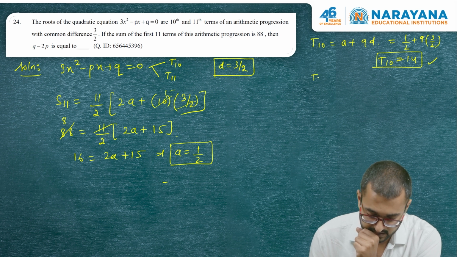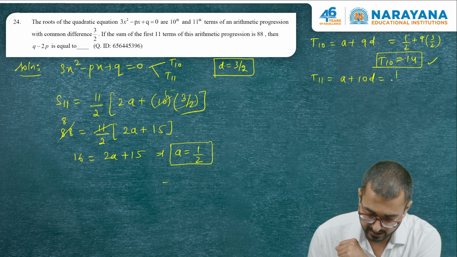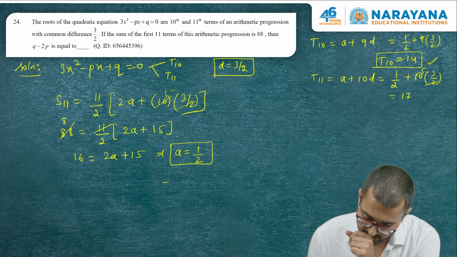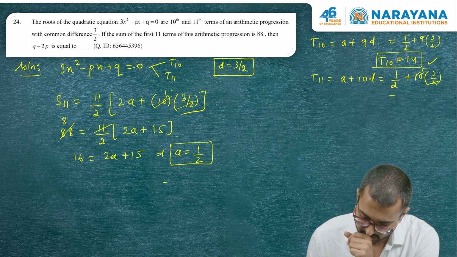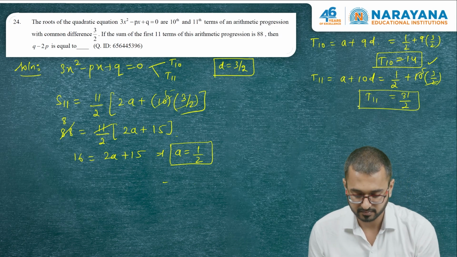Next, T11 will give me a plus 10d, so 1 by 2 plus 10 into 3 by 2, which gives 31 by 2. So T11 is 31 by 2.